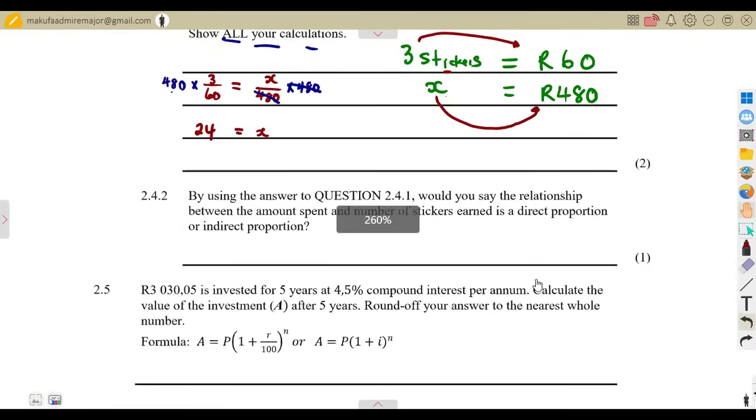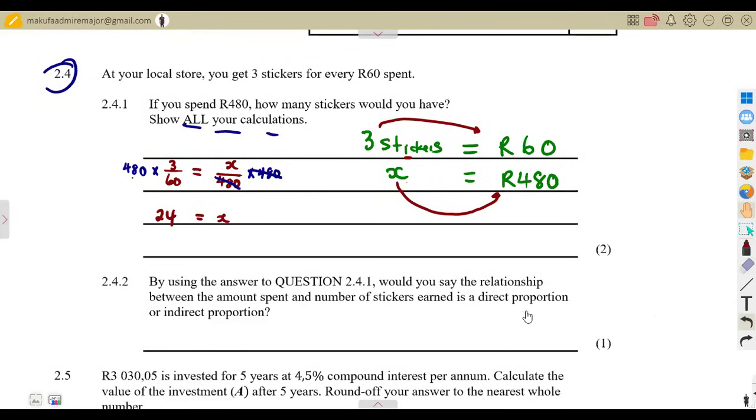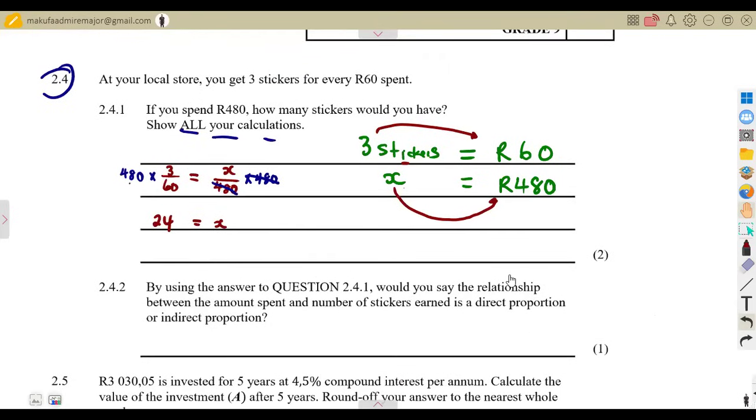2.2: by using the answer to question 2.1, would you say the relationship between the amount spent and the number of stickers earned is direct proportion or indirect? If we check here, there were 3 stickers equivalent to 60 rand, and now 24 stickers.